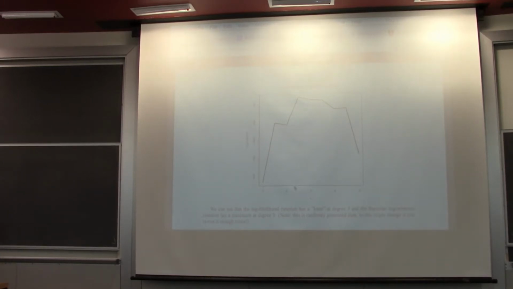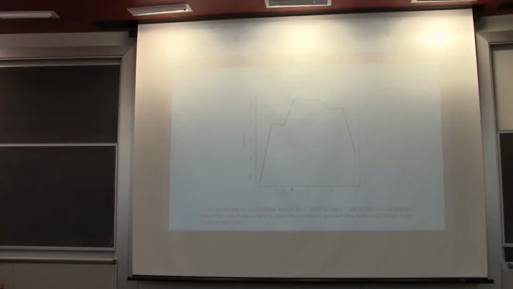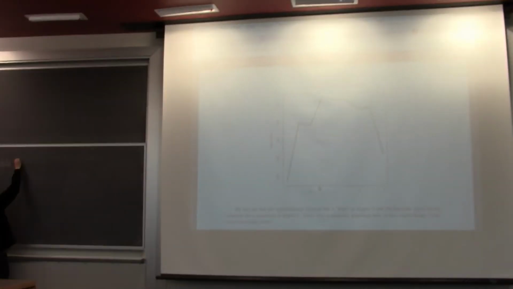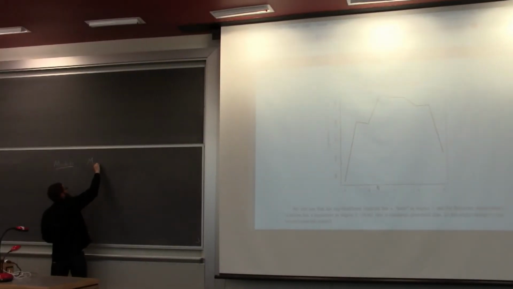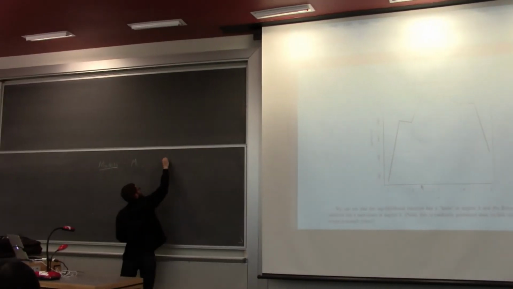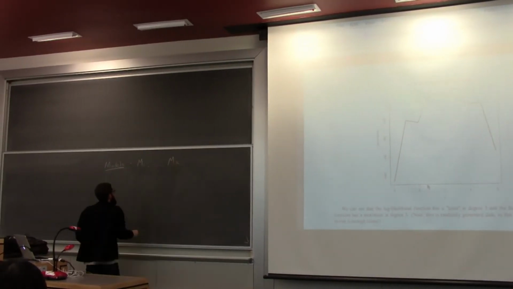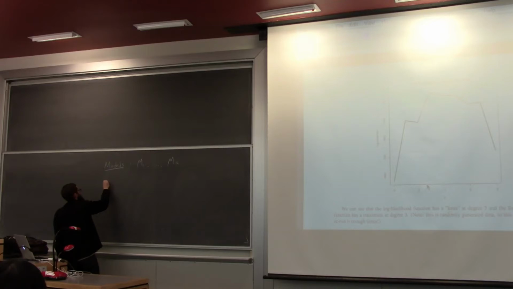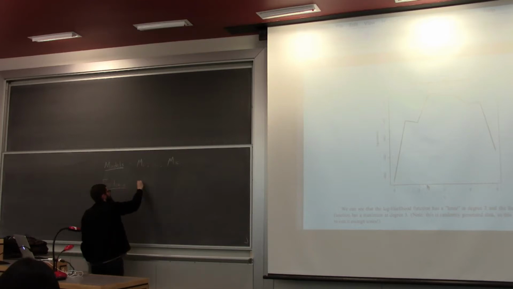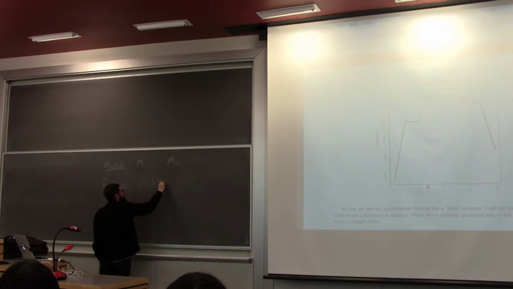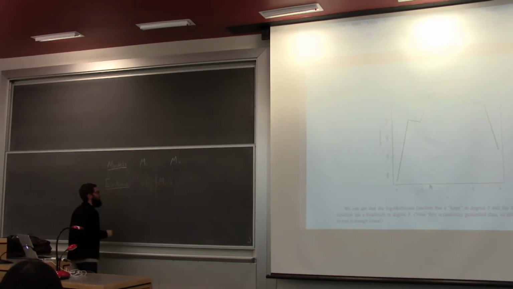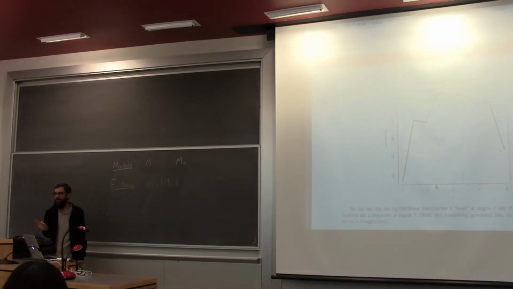Remember, the idea is that we have competing models, maybe M1 out to MK, and we want to maximize the evidence, which I was writing as the probability of your data given that model, M_i. So we want to find which model maximizes this one.